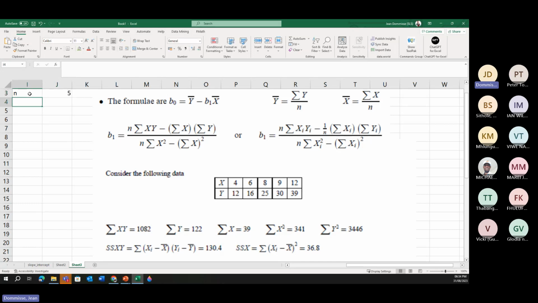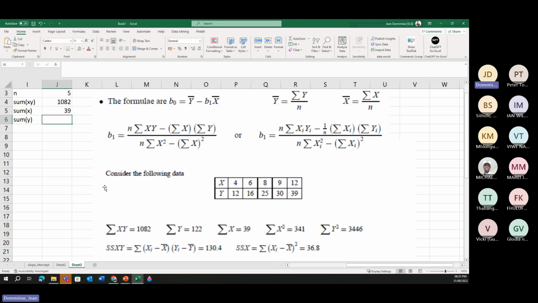Now n is 5. What other information do we need? The sum of xy is 1082. Then the sum of x, the sum of y, so that you know what we're talking about. The sum of x was 39.